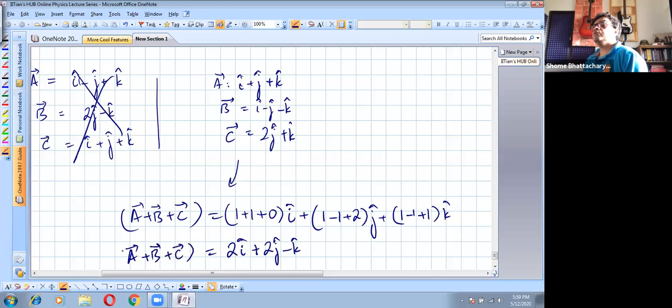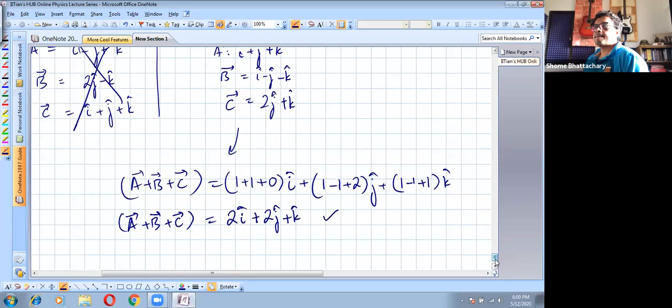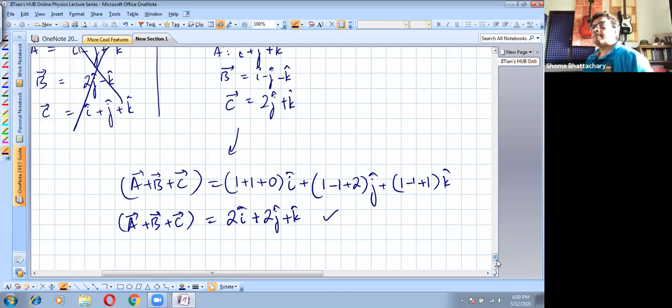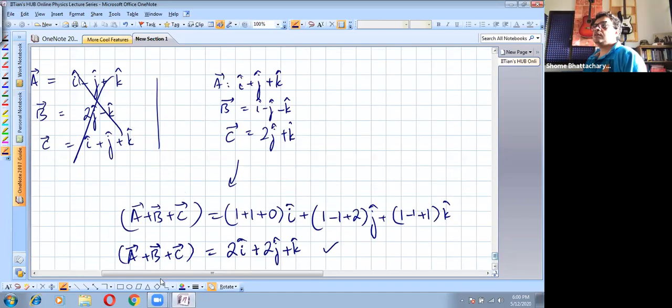So now next we have to find its magnitude. Oh, I think I've got it. This is also wrong.